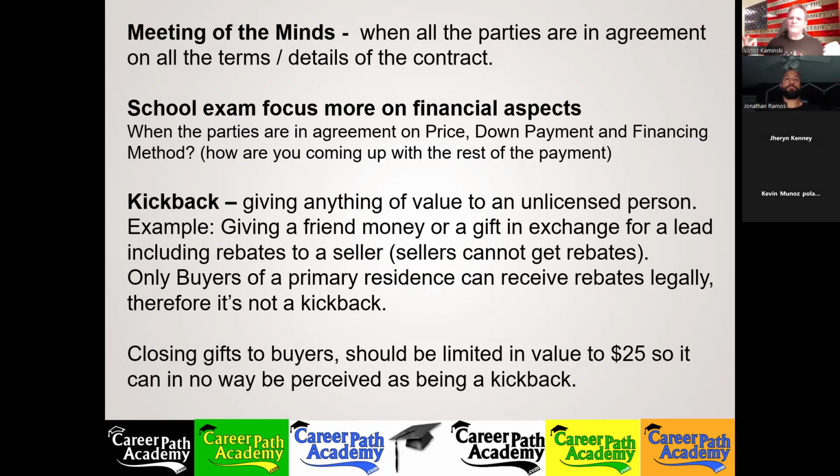Kickback is giving anything of value to an unlicensed person, giving a gift, giving a friend money or a gift in exchange for a valuable lead. That is a kickback. Who could you pay? Nobody. Only your brokers can pay people. They could pay their own agents.